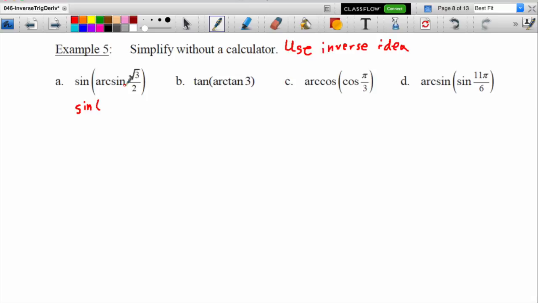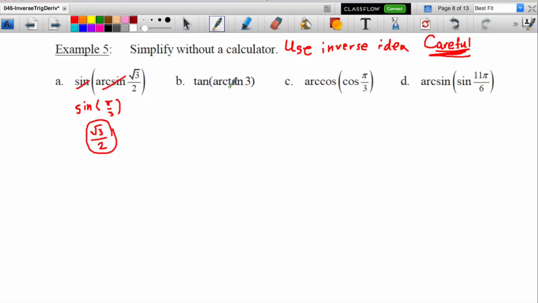Well, what makes root 3 over 2 out of sine? Pi over 3. But hey, now we're just going to do sine of pi over 3. We get root 3 over 2. So it's kind of like sine and arcsine cancel out. But you want to be very, very careful about this.